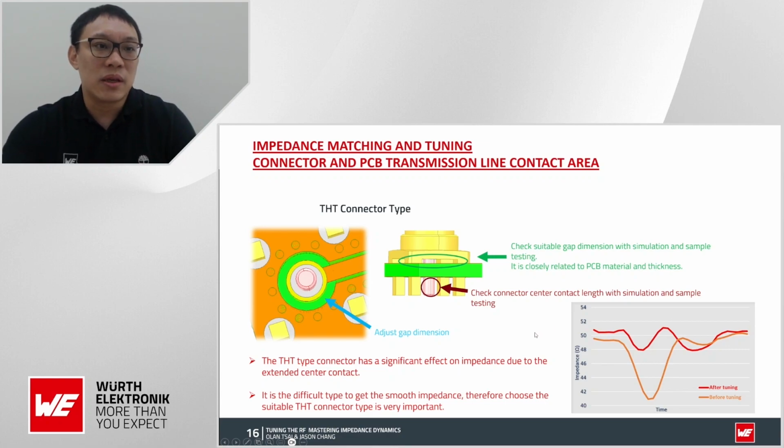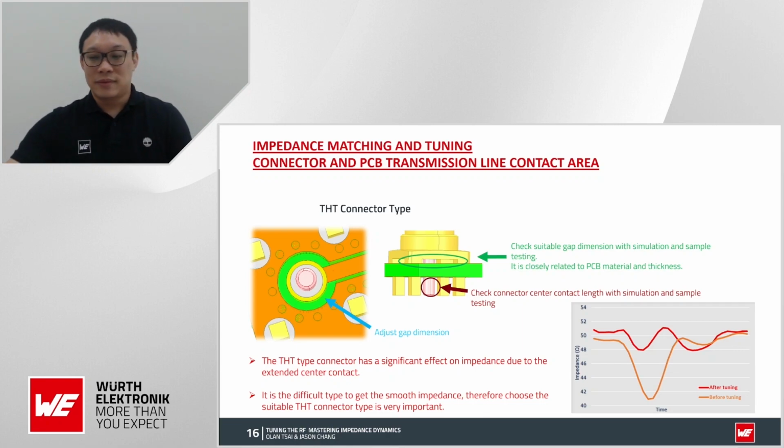But if you ask me what could be the frequency point that is not appropriate for a THD connector, in general, I would say, if the application for you is above 6 gigahertz, then we would not really recommend you to use a THT connector, because when the working frequency is higher, the impedance caused by discontinuity will be more significant after all.